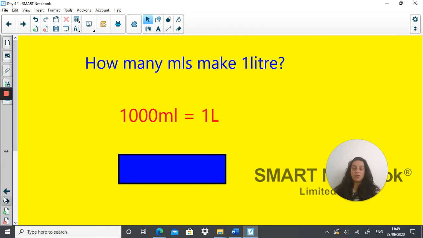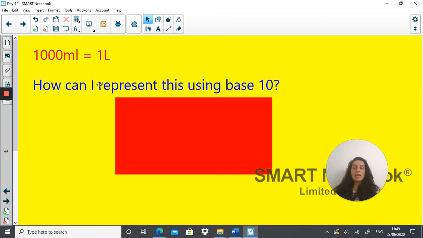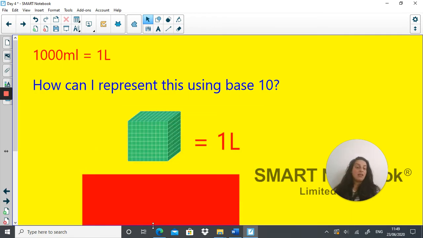Good job for those of you who remember it. So if 1,000 millilitres equal 1 litre, how can I represent this using base 10? How would you represent 1 litre using our Deans? And similar to last week's lesson, the cube with 1,000 ones in it represents 1 litre.